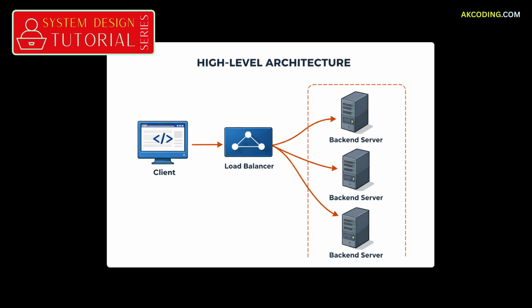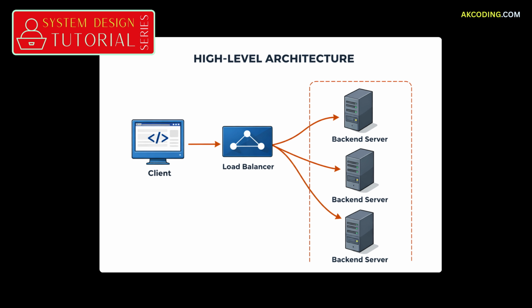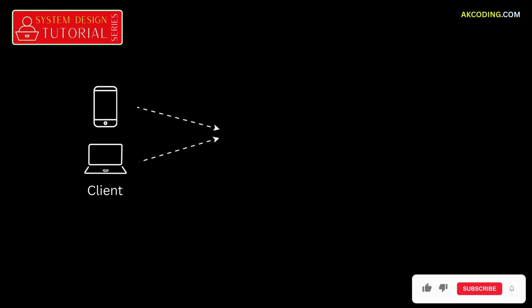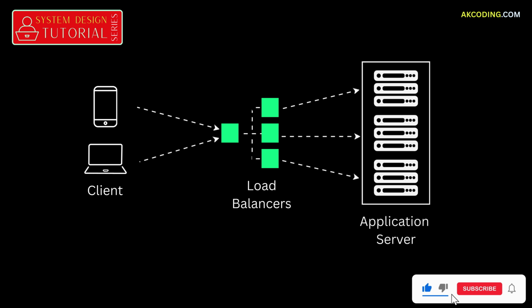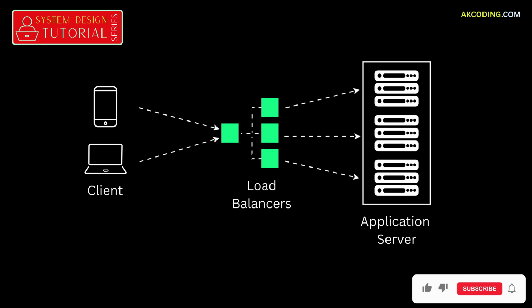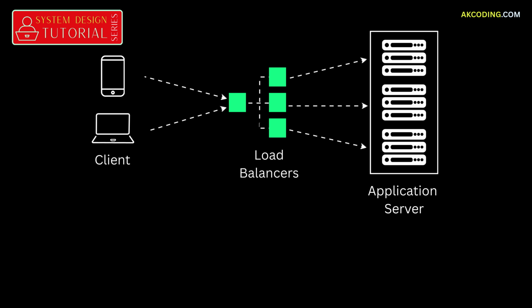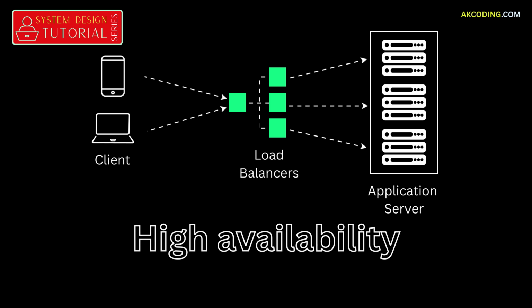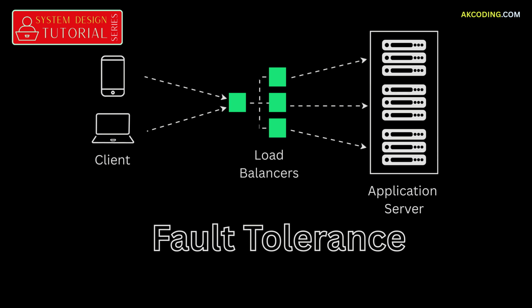Let's see the high level architecture. Now instead of one server, we have client, load balancer and multiple backend servers. The clients talk only to the load balancer. The load balancer decides which server should handle the request. This gives us scalability, high availability and fault tolerance.